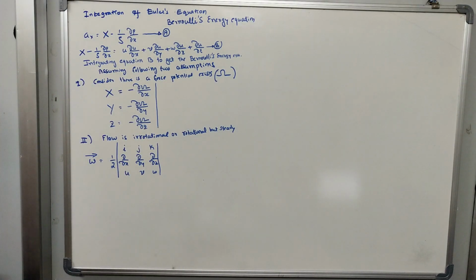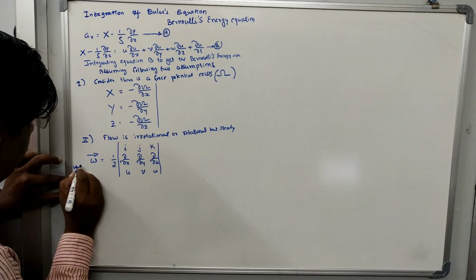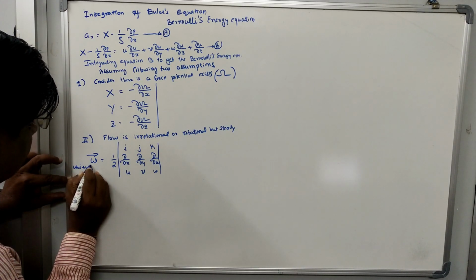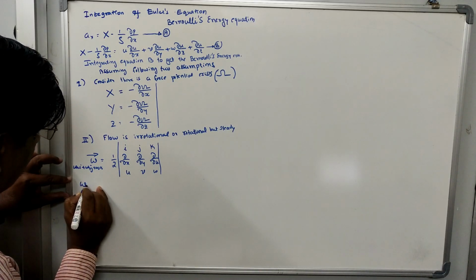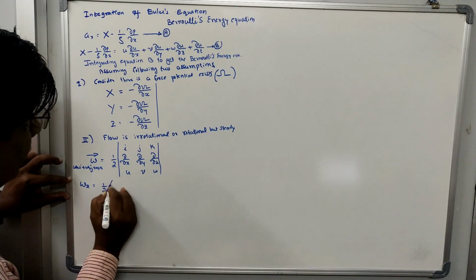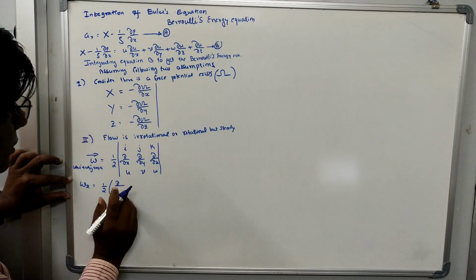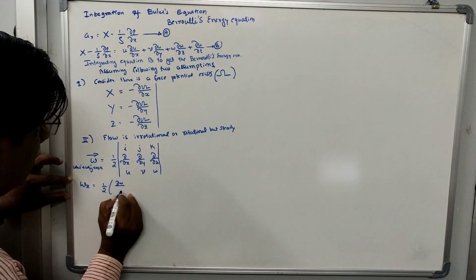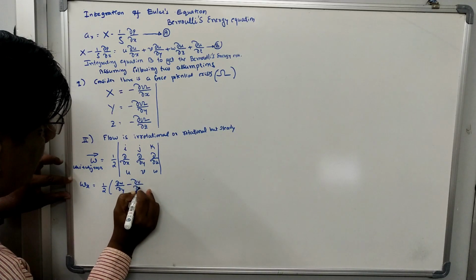This is nothing but omega x i plus omega y j plus omega z k. Therefore omega x is equal to half of ∂w by ∂y minus ∂v by ∂z.